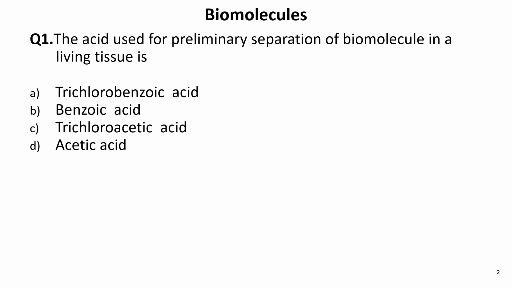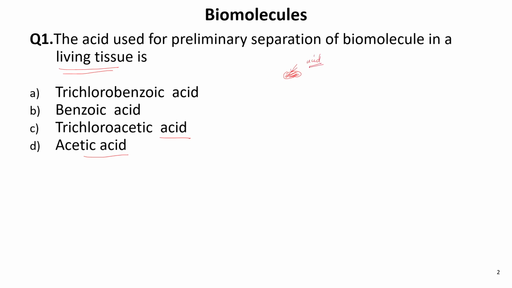The acid used for the preliminary separation of biomolecules in a living tissue is trichlorobenzoic acid, benzoic acid, trichloroacetic acid, and acetic acid. So let us first understand this question. To study the living tissue, basically animal tissue, we take a part of the tissue, crush it and add an acid.